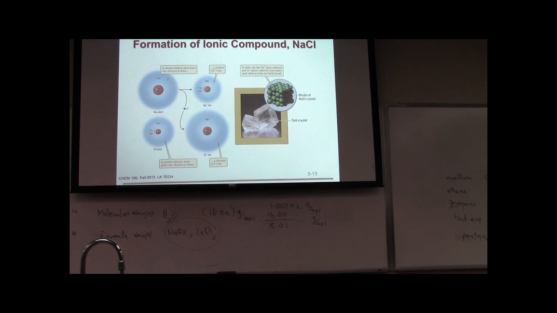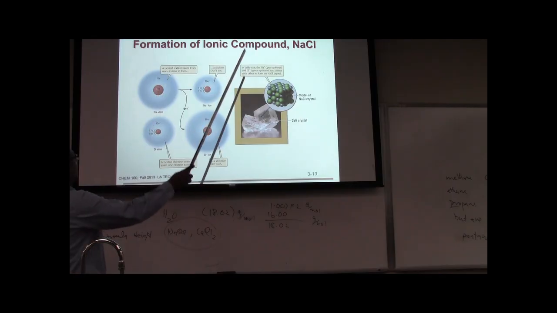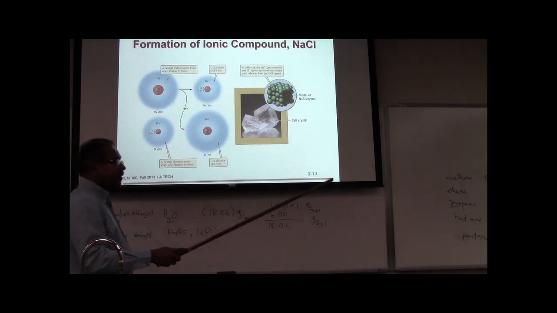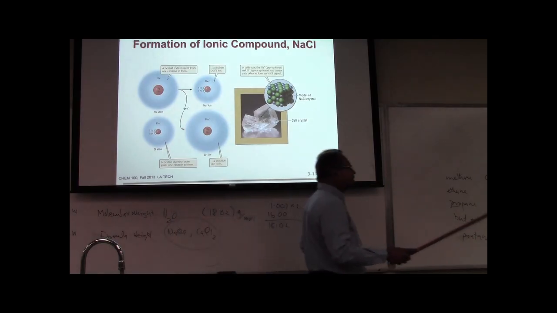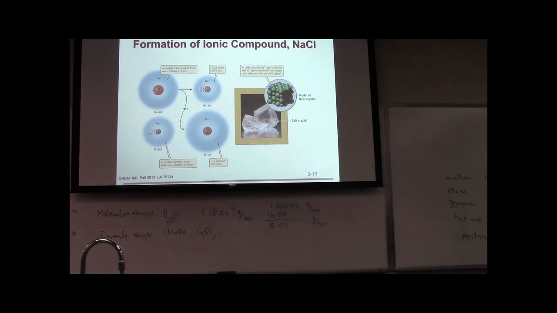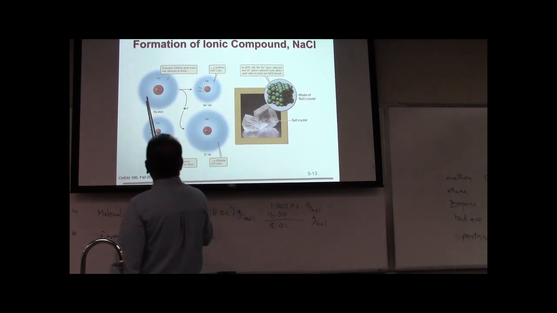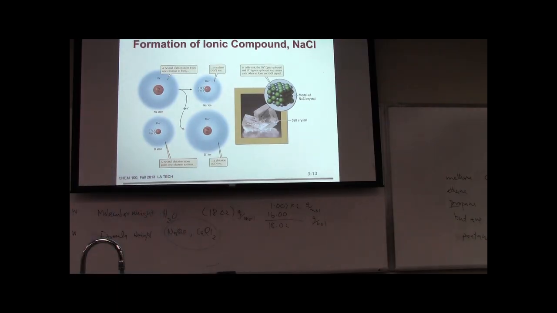Now, ionic compounds are formed between a metal and a non-metal. This is the sodium atom. Which atom is bigger, the sodium atom or the chlorine atom? In fact, chlorine is smaller than sodium. Why is that?